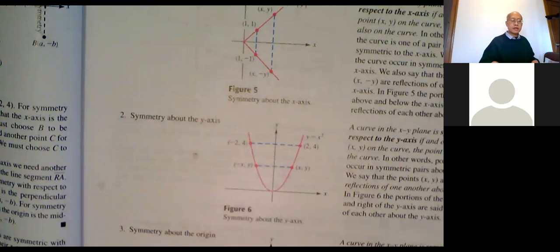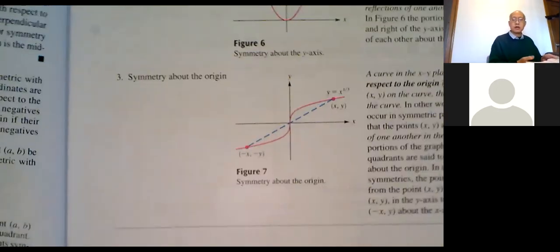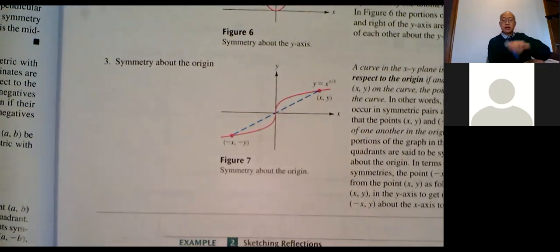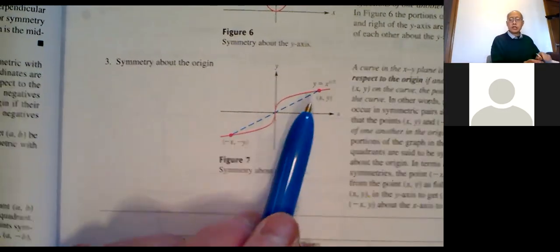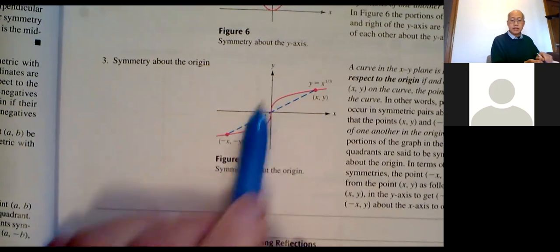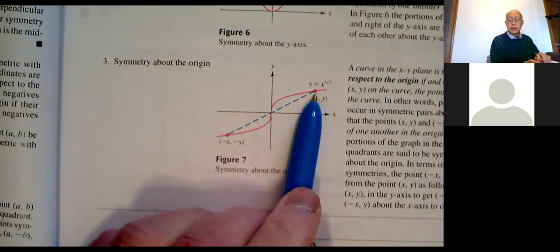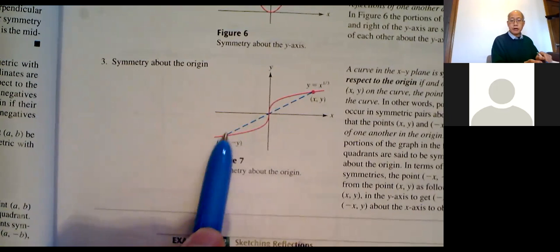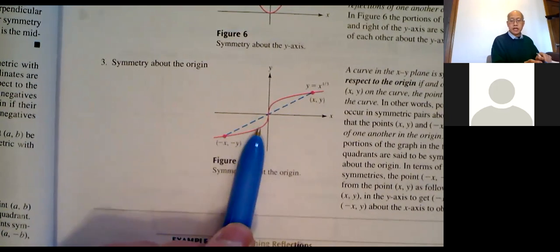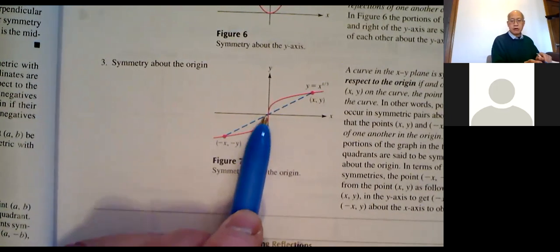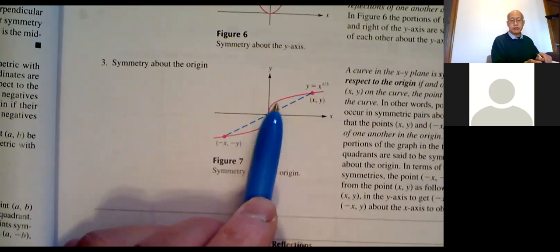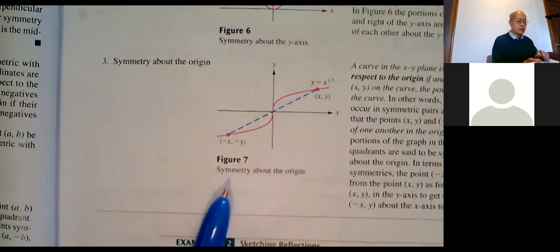Okay. Symmetry about the origin is a little bit tougher, but it's like you go across the origin. So if I take this graph that looks like this, if I take any point and reflect across the origin, you get a corresponding point here. But let's say I take a point over here, I reflect across the origin, it comes over here. So that's called symmetry about the origin.